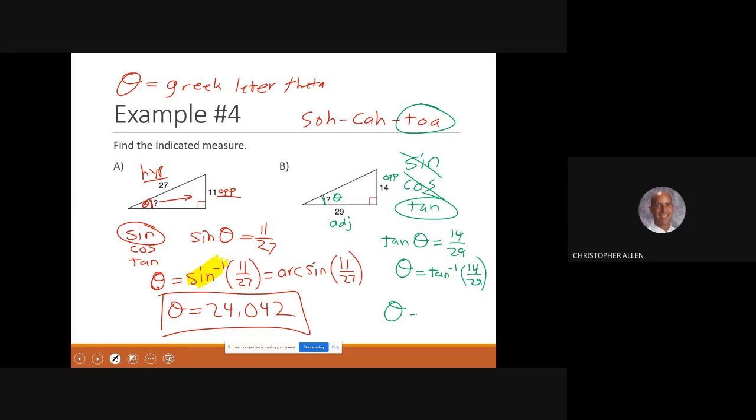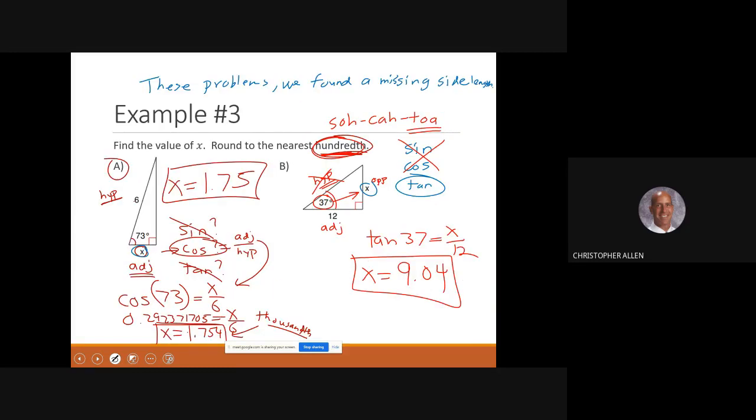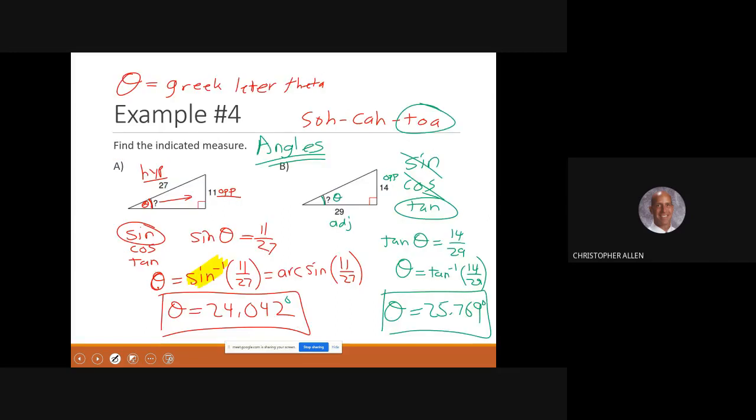And I've got theta just 25.769. And I guess I should maybe mention this. These are degrees. Here on this slide, we were finding angles. On the last slide, we were finding side lengths. Here we're finding angle measures.